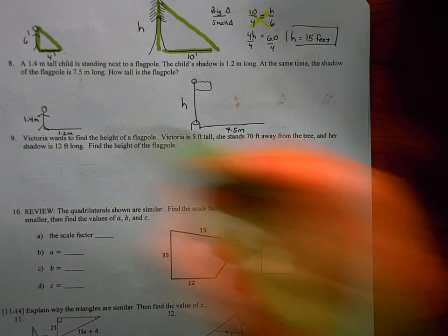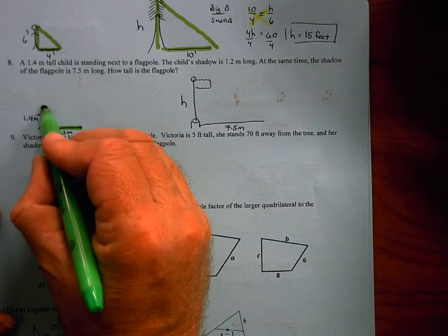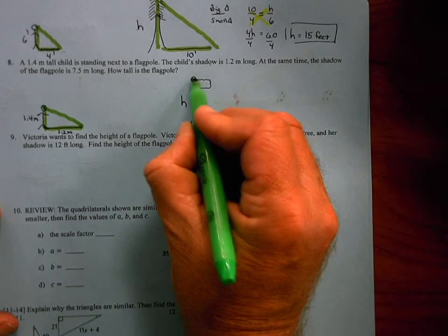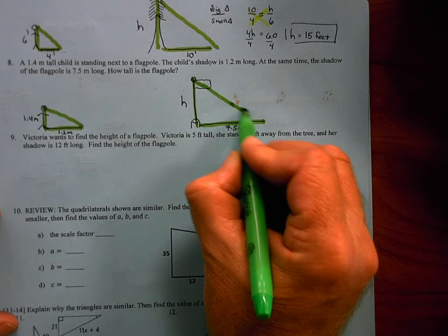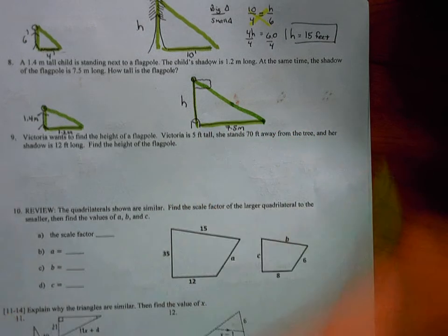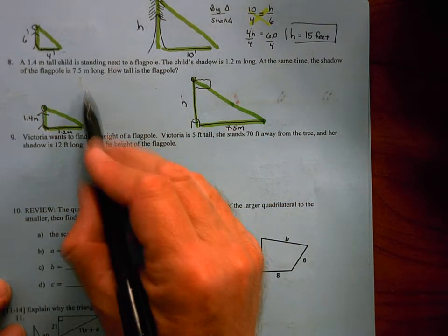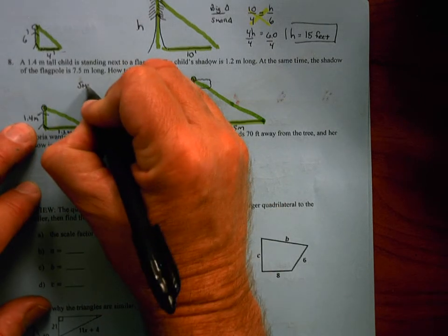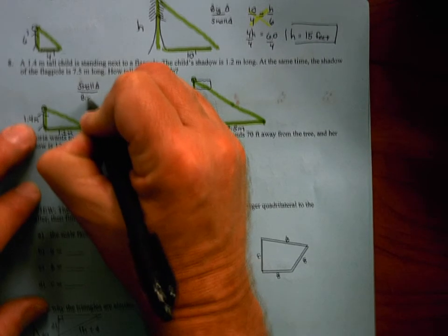Once again, you look at this problem as creating triangles. You've got the flagpole, you've got the shadow, and then actually this line right here is the sun. It's the sun's ray that's going down and creating to the end of the shadow from the top of the object. Okay? And then what we do is we're going to write our extended ratios. So for this one, I'm going to write the small triangle's values in the numerator, the big triangle's values in the denominator.